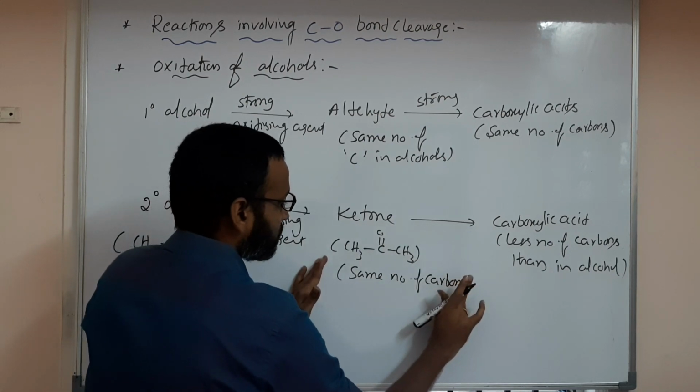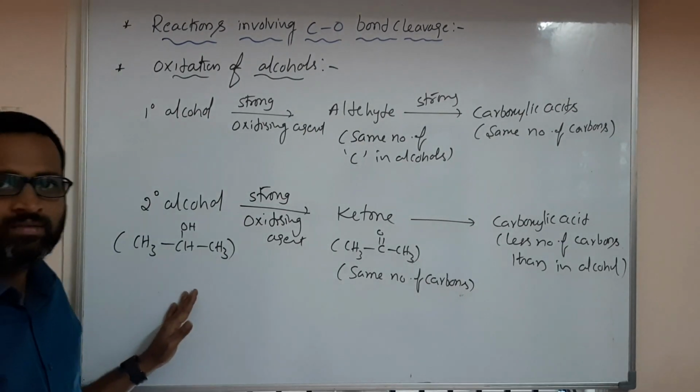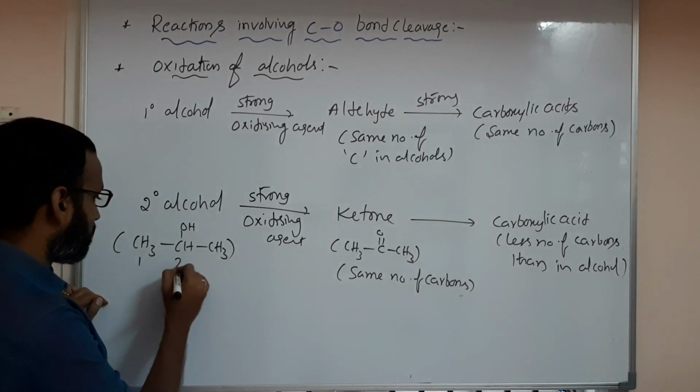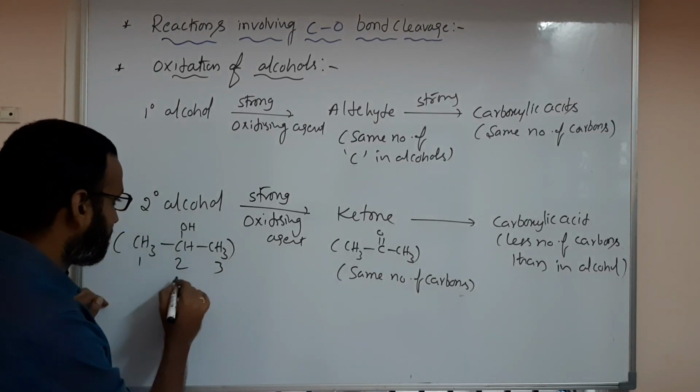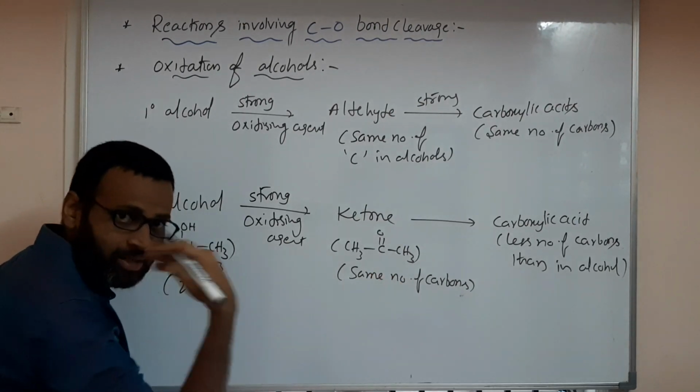You can give reactions, no sir. See, first propanol, sir. 2-propanol given, sir. Then what is the product, sir? Ketone. 1-propanol given, sir. Aldehyde. I will say like that, because 1-propanol is primary. 2-propanol is secondary. Is it giving the same number of carbons or not? Like that I will remember.